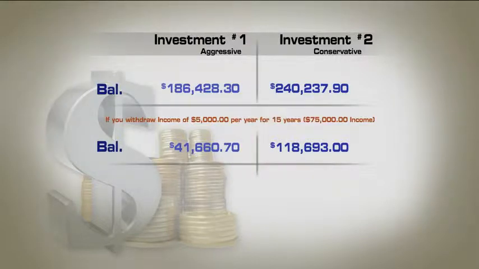On the other side, 100 grand over 15 years, same rate of return, 6.09% on both sides, but on the conservative side there were only 2 negative years that totaled just under 3% negative. It was more consistent: the hills were not as high, the valleys were not as low, and the significant difference is there, 240,000.